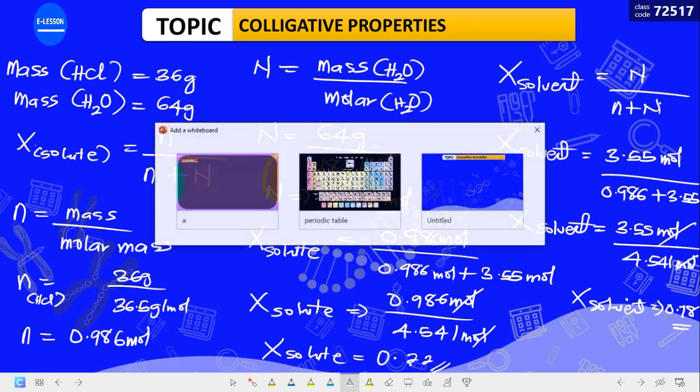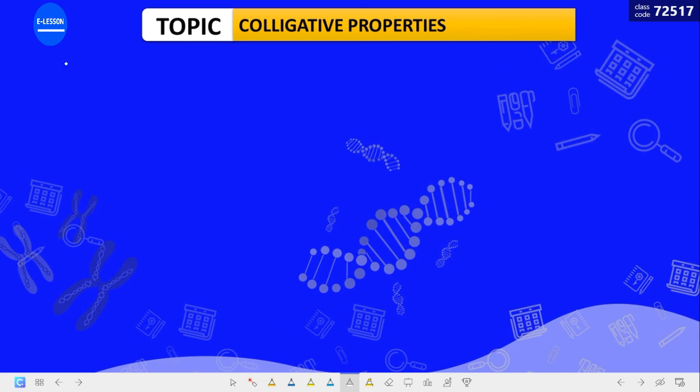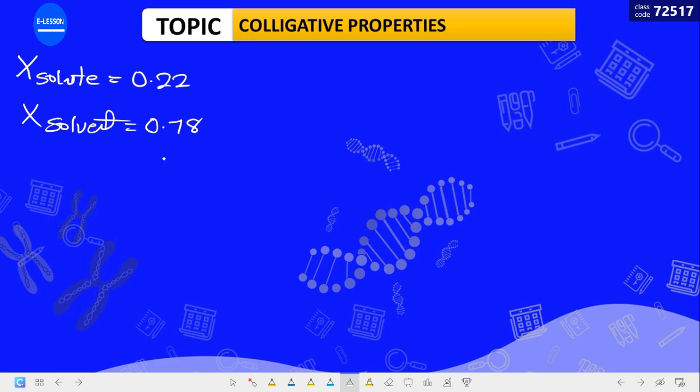Now let us look at something very well. You discover that the mole fraction of the solute is equal to 0.22, and the mole fraction of the solvent is equal to 0.78.